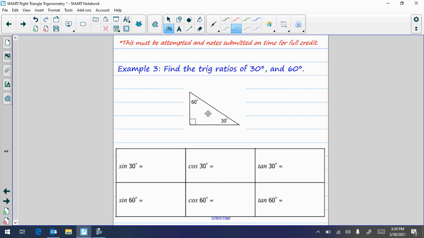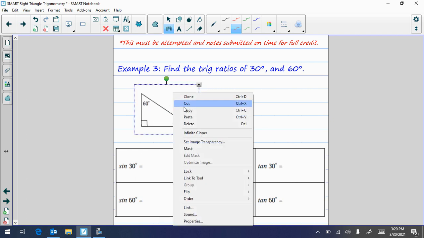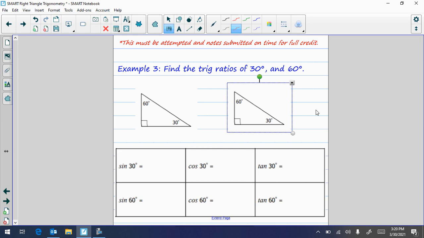Okay, example 3, you are going to do the same thing, and you are going to do it for 30 and for 60. So the reason I went ahead and made a quick copy, when you're doing it for 30, 1 is your opposite, 2 is your hypotenuse, and square root of 3 is your adjacent.